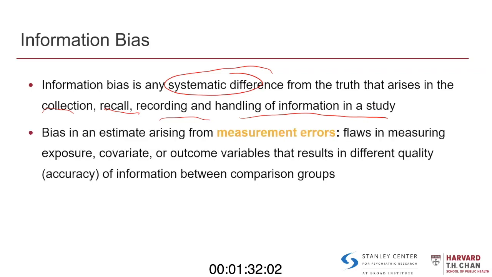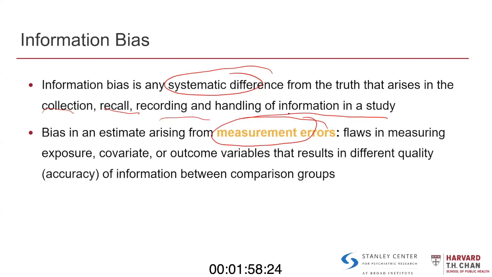It could be bias in an estimate arising from measurement error, where we may have flaws in measuring, be it the exposure, the covariate, or an outcome variable, that results in a different quality or accuracy of information between our comparison groups.